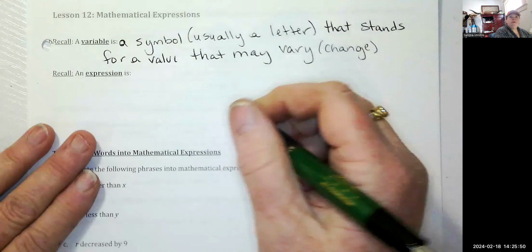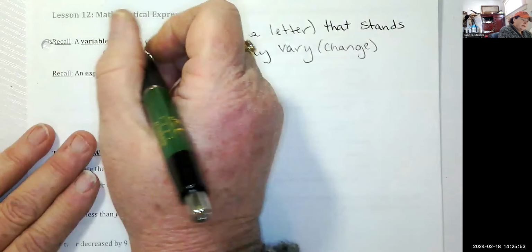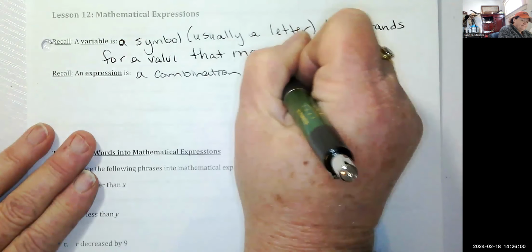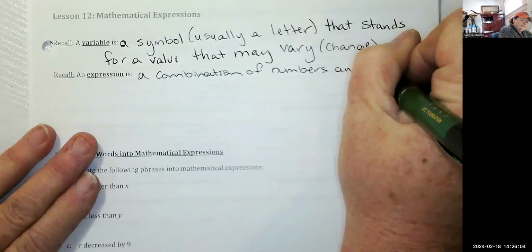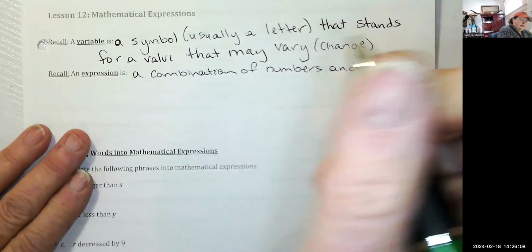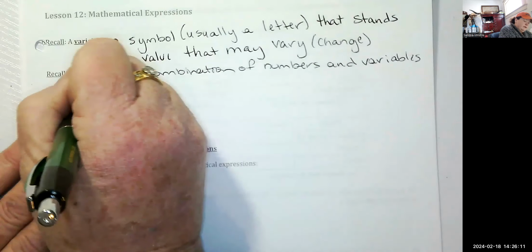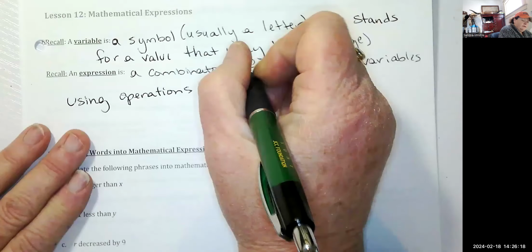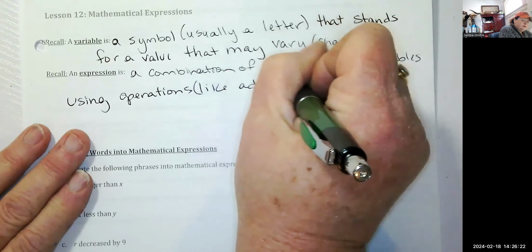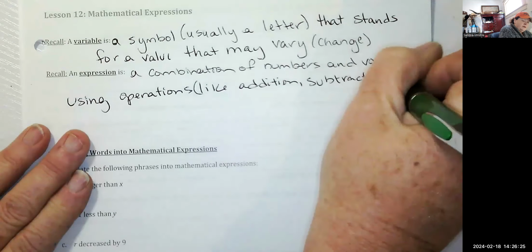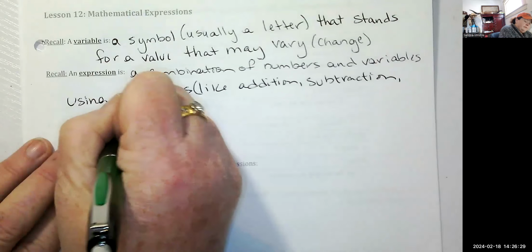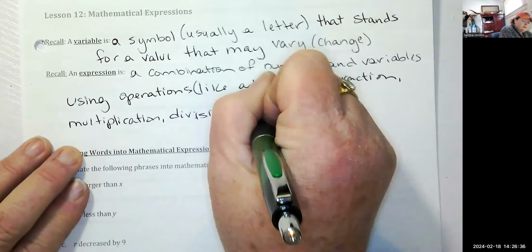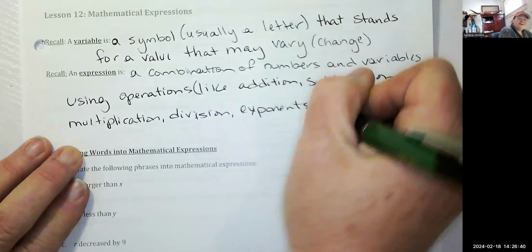An expression is a combination of numbers and variables, using operations like addition, subtraction, multiplication, division, exponents, and parentheses.